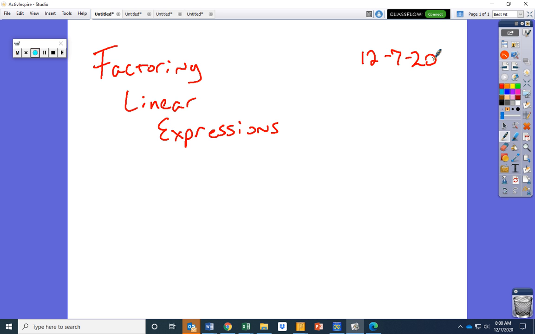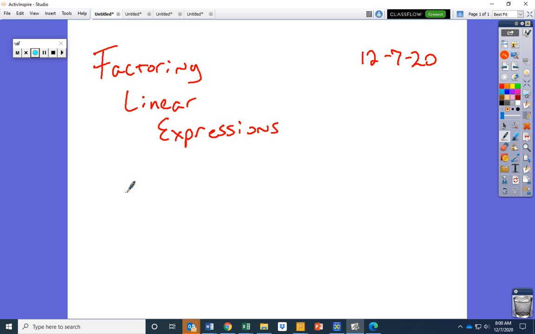Okay, so can somebody tell me what is a factor? What does it mean if I say factor something? Like if I was to say, what are the factors of 8? Give me some factors of 8. What does that mean? Jackson? Okay.